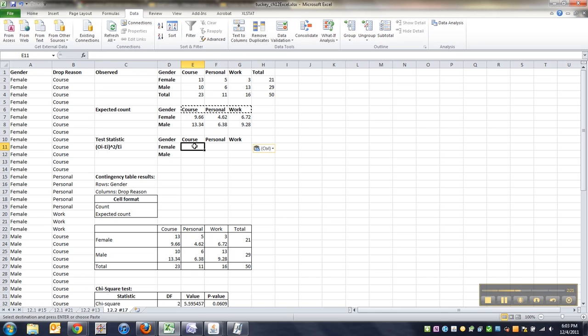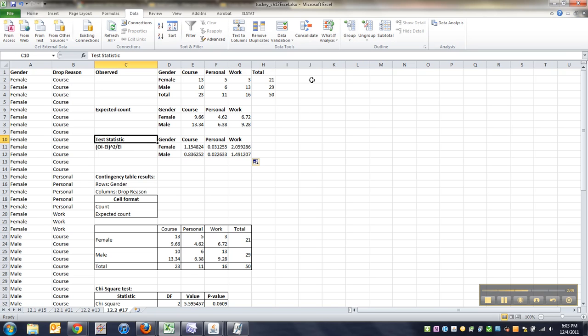Okay, so it's equal to observed, which was 13, take away the expected, which was 9.66, square it, and divide it by that expectation. There we go. And then I can just drag and drag. Because I made the tables identical to this and right above it, dragging will work in this case. Now this isn't the test statistic, this is just the table to find the test statistic.